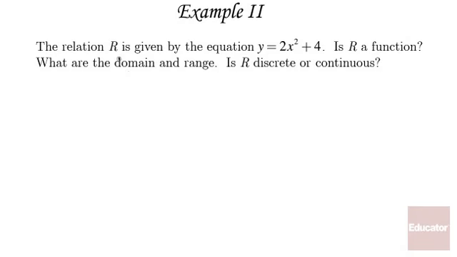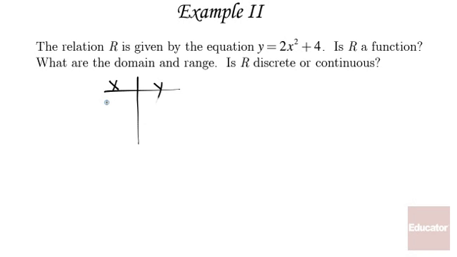Okay, the relation R is given by the equation y equals 2x squared plus 4. Is R a function? What are the domain and range? Is R discrete or continuous? So let's just look at some values for x and y to help us determine if this relation is a function.